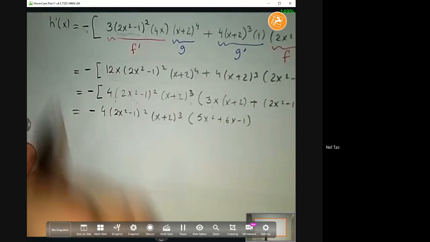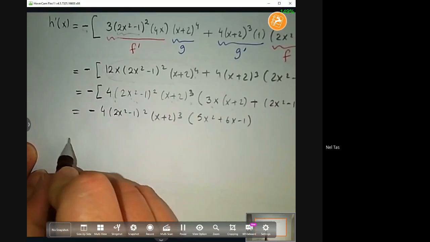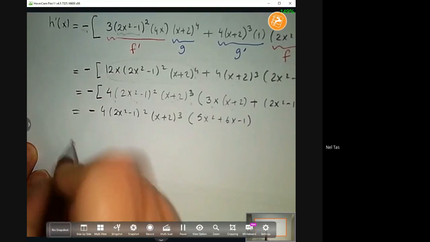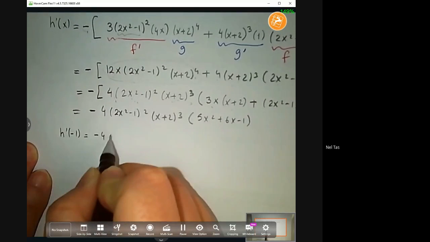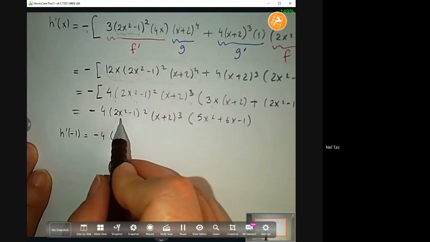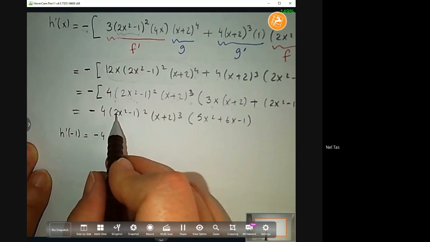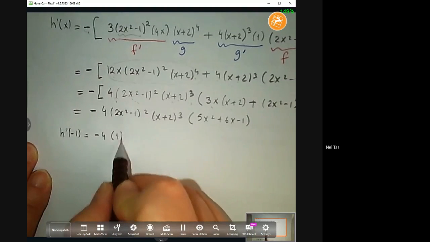Okay, so that is the h prime. Now we want to find the tangent at x equals -1. Was it -1? Yes. So we substitute -1 here. -4, -1 squared is 1, 2 times -1 squared is 1, 1 squared is 1, so you get 1 there.